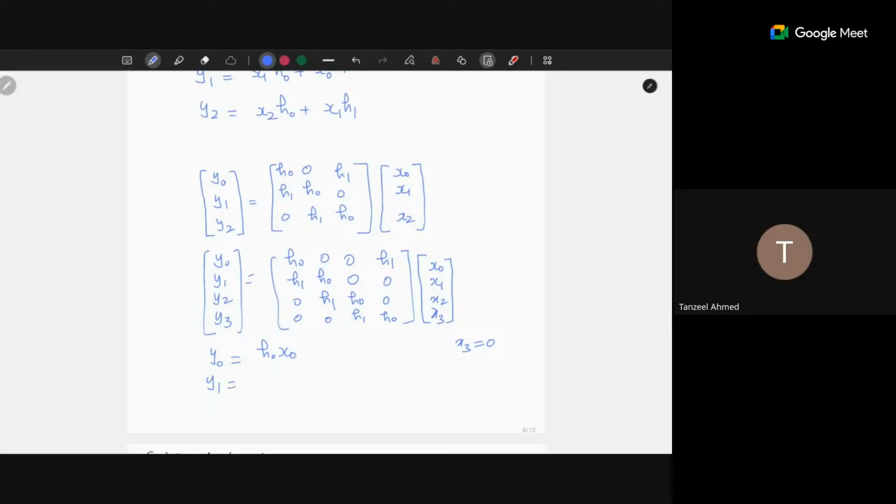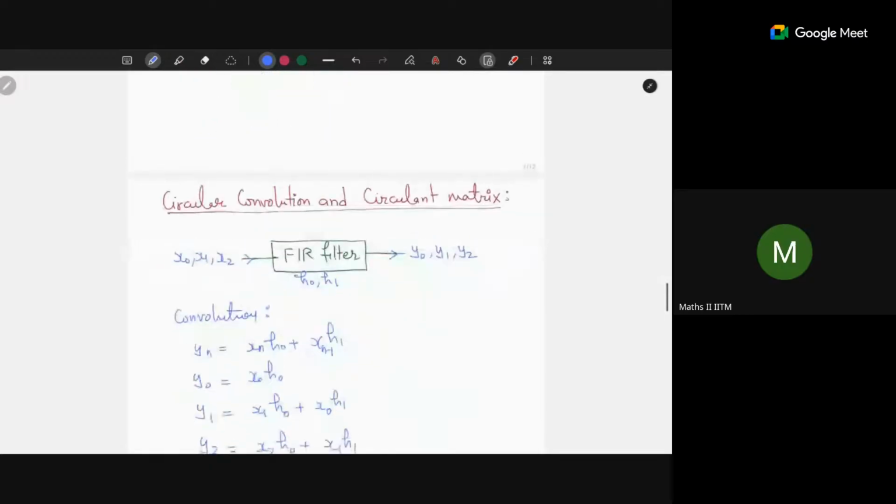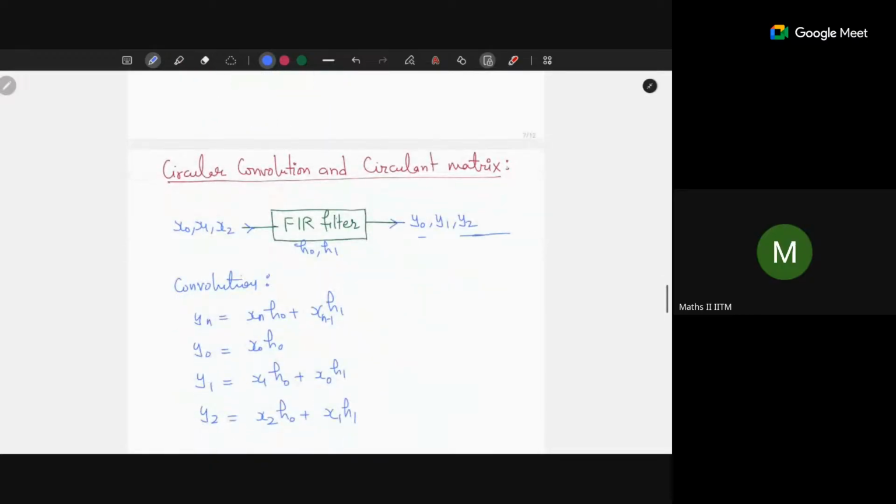But then we end up with a y3 which is not defined in the original expression. There is no such output. Look, there can be some output. Y3 can also be an output if you are thinking that there is x3 which is zero basically. It can be thought of as noise, which you are not expecting.